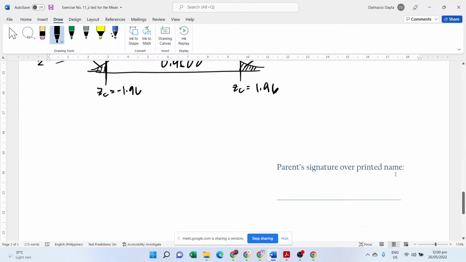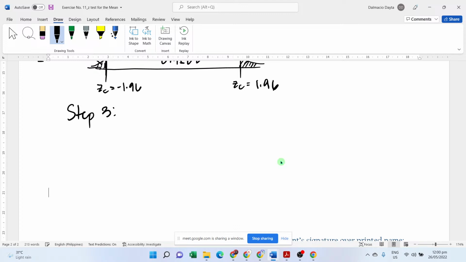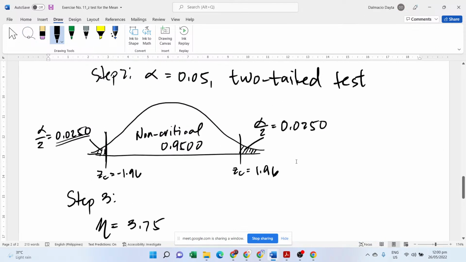Let's start computing for the Z test value. And let us get the given information. Mu, this is our step 3, computing for the Z test. The population mean is 3.75. The sample spent 4.1 hours. Is that correct? Let's go back. 4.1 hours ba yun nga?